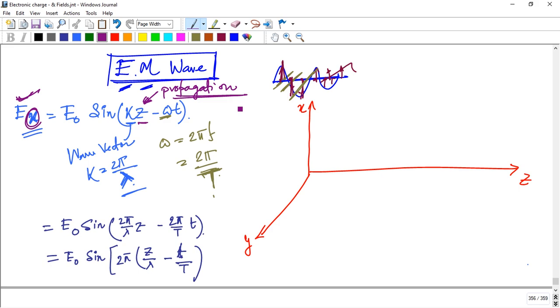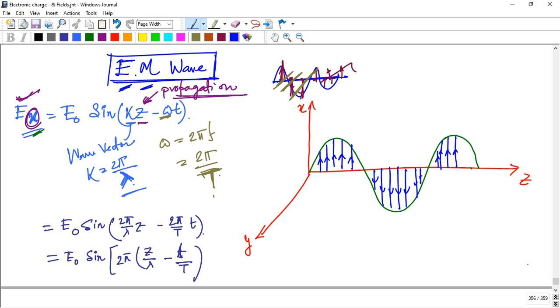So the particle vibrates in the x direction, plus x and minus x. That is the electric field E.